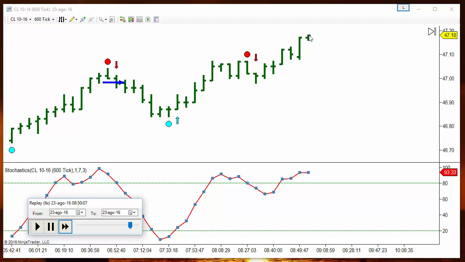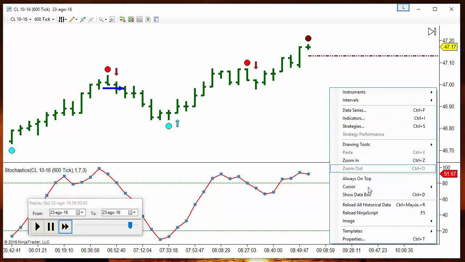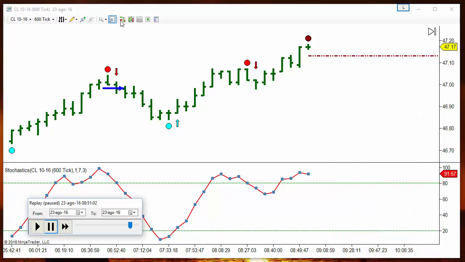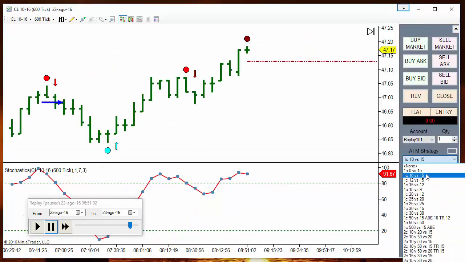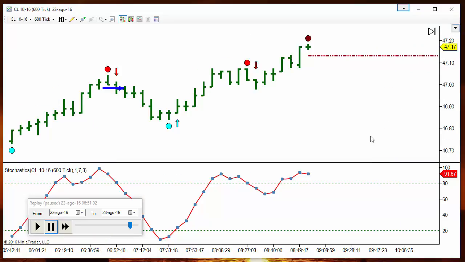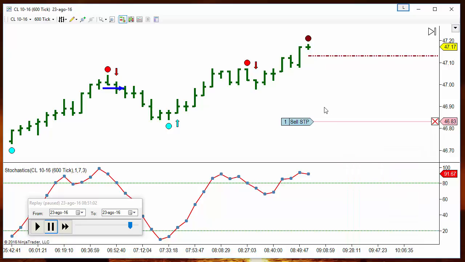Now we have another possible short signal, possible reversal, and we can see the horizontal line with a possible entry price. We can trade that signal. I enable chart trader, select an ATM, and we can place a sell stop order pending over the horizontal line.